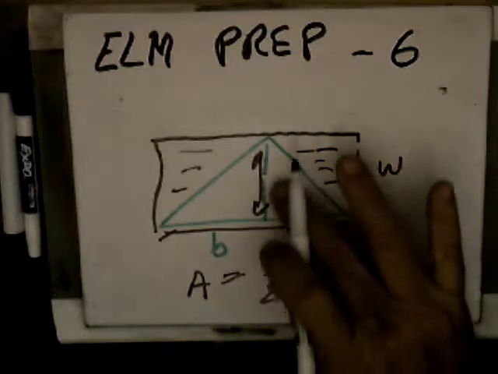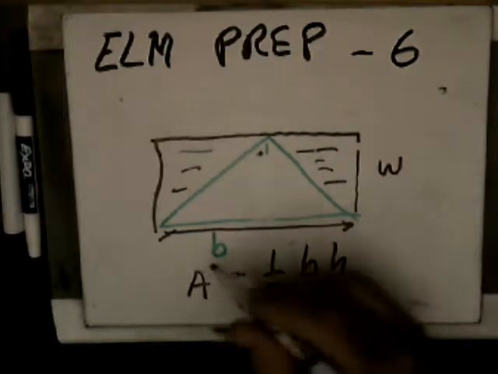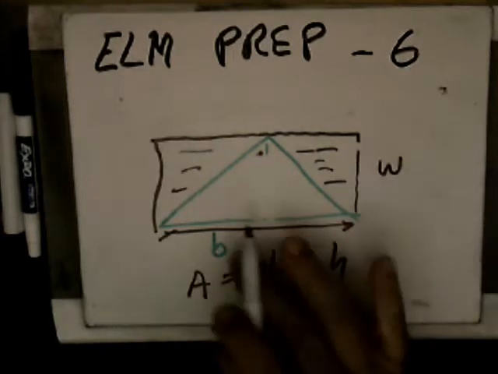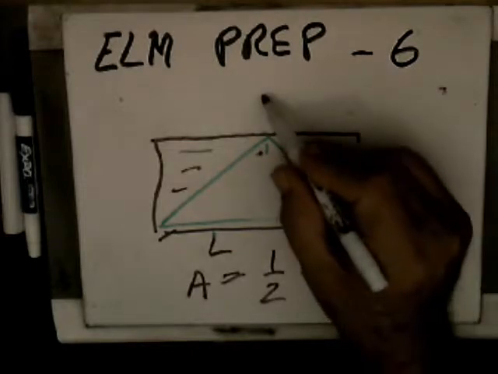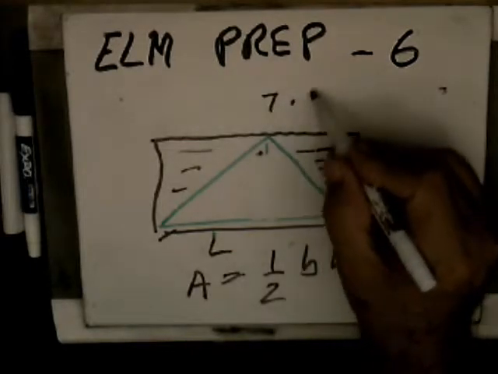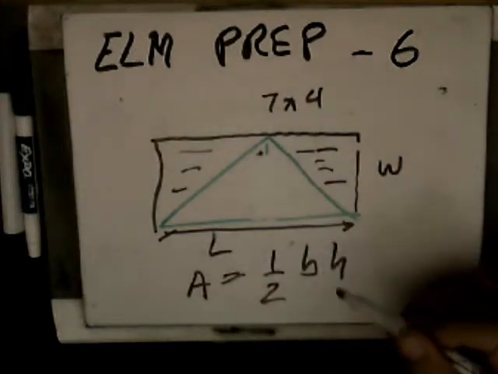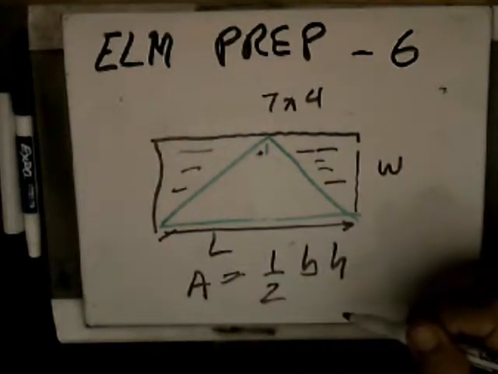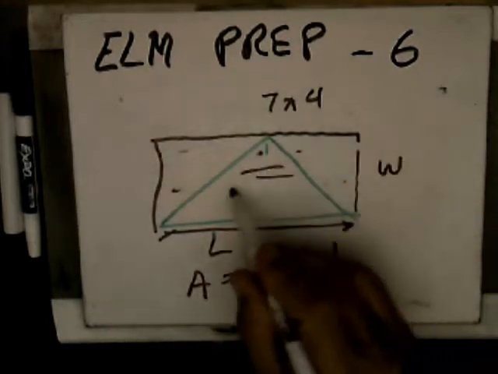They might have drawn that triangle inside a rectangle, and told you the length and width of the rectangle, and we'll say it's a 7 by 4 rectangle. We have to do some interpretation here to get the triangle portion. Let's shade our triangle in here.